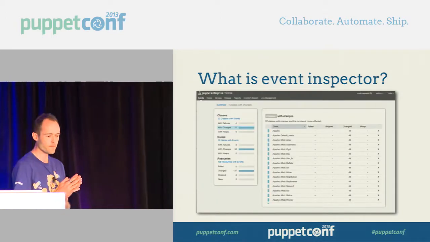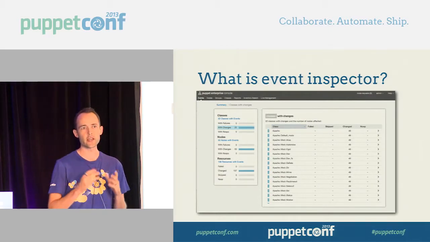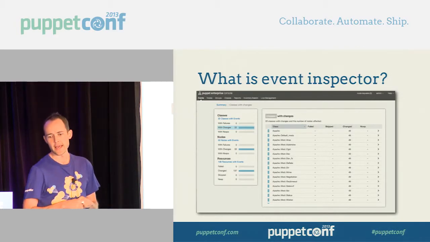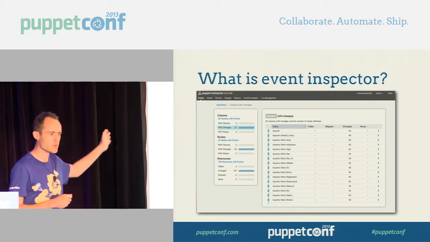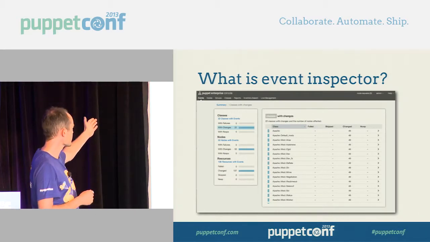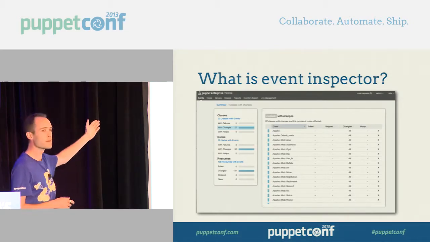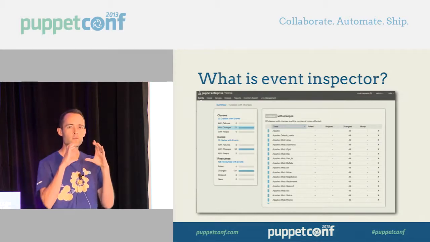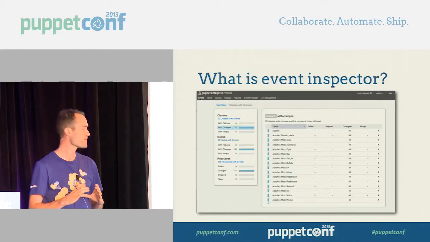Now, Event Inspector is a reporting tool that allows you to check on how well Puppet is enforcing your configurations. When you first get into Event Inspector, hopefully you can see this just well enough, it's a little washed out, you immediately have a status on your left that shows you how well Puppet is enforcing your configurations with 3 views: one into your classes, one into your nodes, and one into your resources.